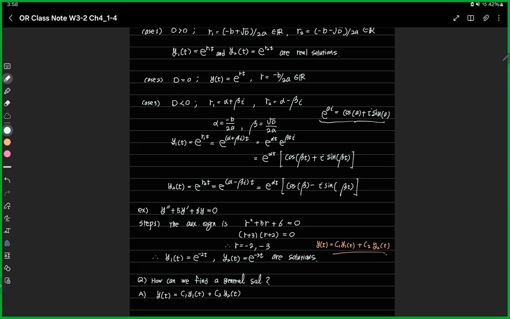I want to find another solution which cannot be generated by y1. So we find that kind of solution and put it in here. That's going to be the general solution for case 2. That's the basic idea, but we'll talk about this in another section.